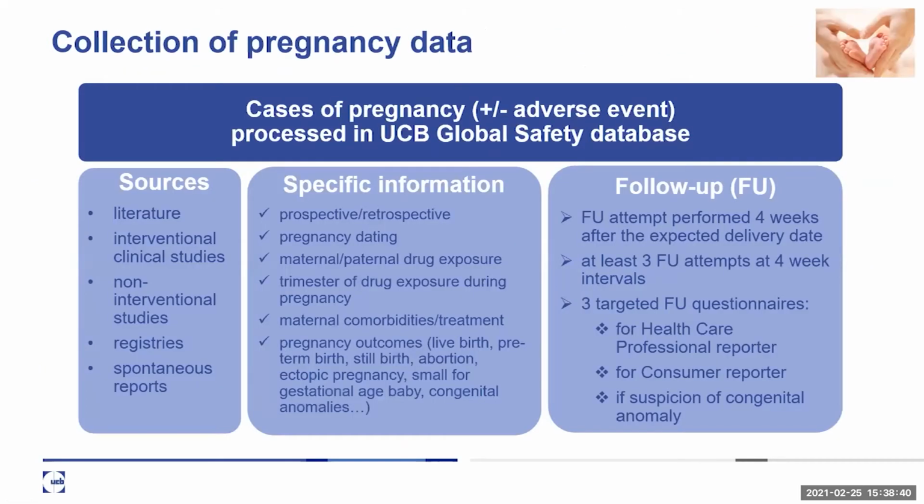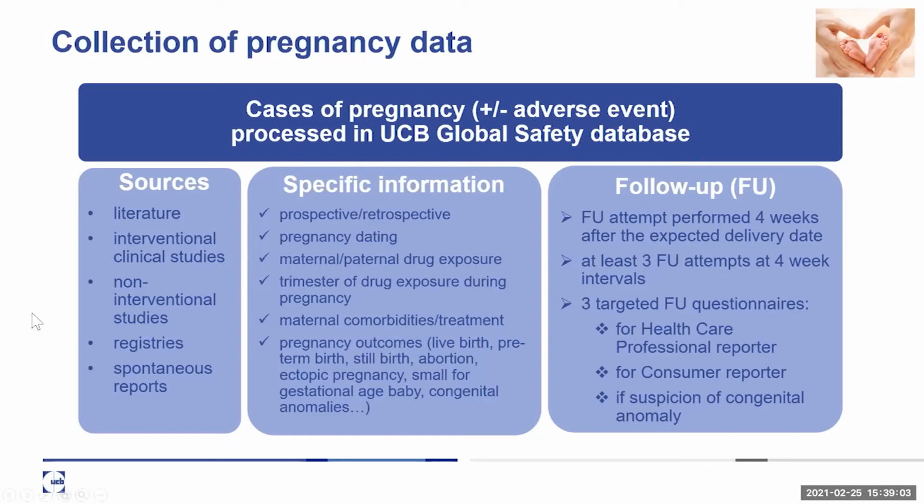So on the next slide, I summarize a bit the key points related to the collection of the pregnancy data in our UCB Global Safety Database. So we can receive cases reported in pregnant women with exposure to one of our products from different sources.